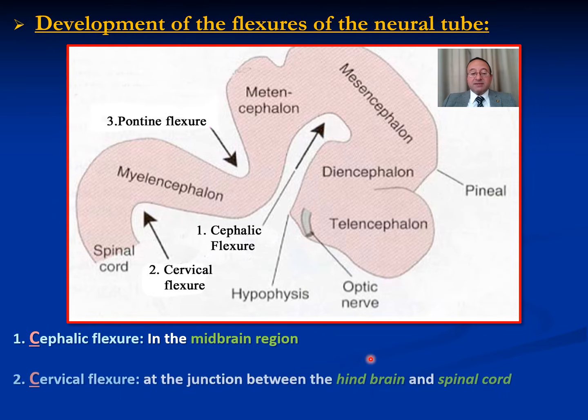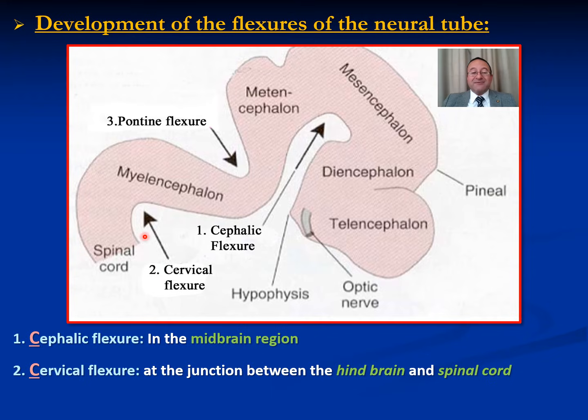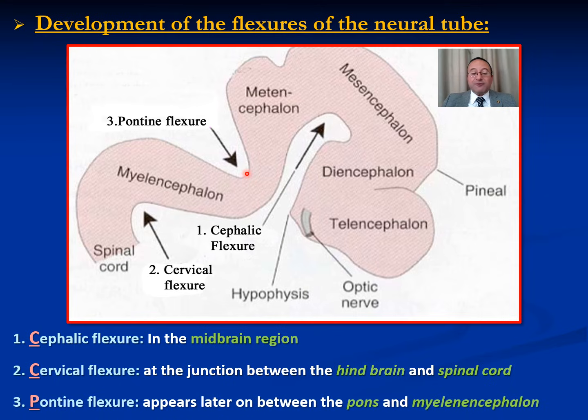The second flexure is called cervical flexure. It occurs between the hindbrain and the spinal cord. The third flexure occurs in the opposite direction, which is called pontine flexure. It occurs between the pons and myelencephalon.